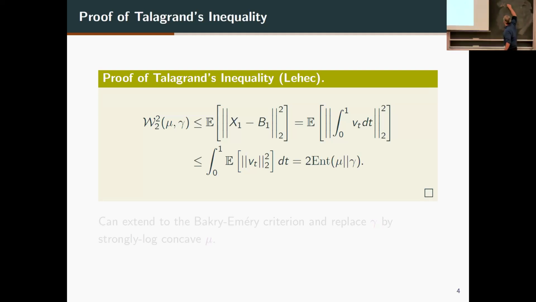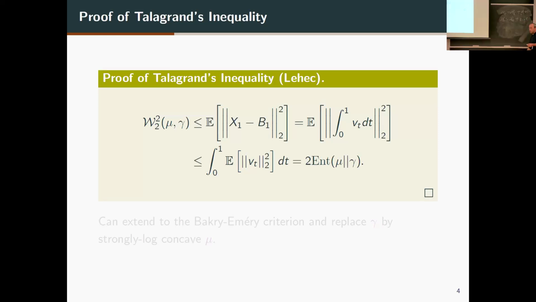And I'll make another comment here: in principle, I could take two processes. Take the same Brownian motion. One has the Föllmer drift for one measure, the second one has a Föllmer drift for the other measure.